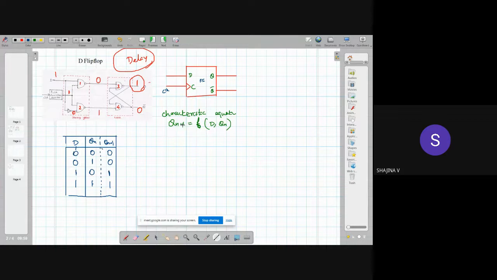That is, we have to express Qn plus 1 as a function of D and Qn. Means, how many variables do we need? Is it a 3-variable K-map? How many variables for the K-map?